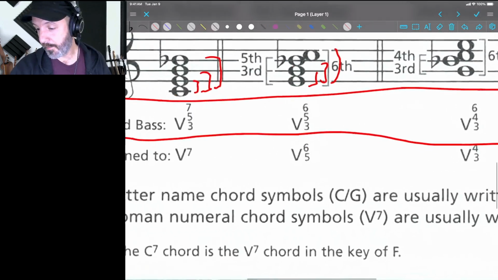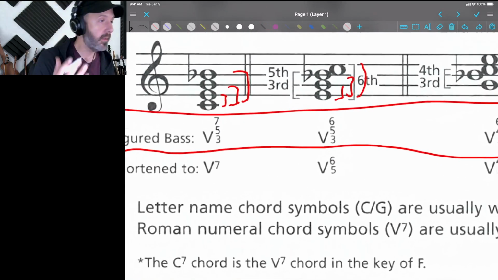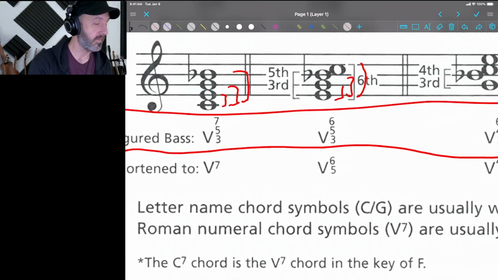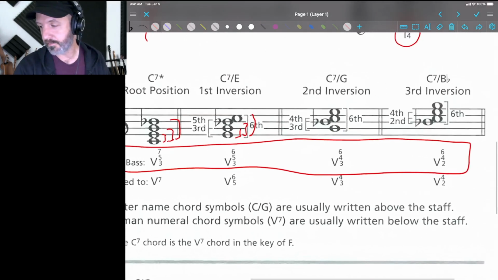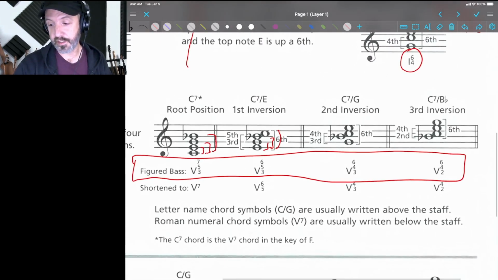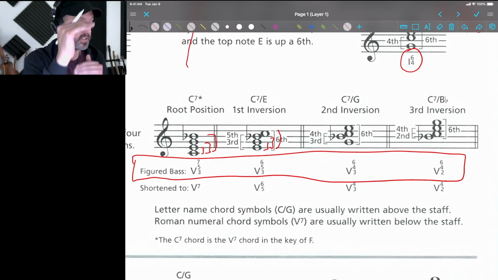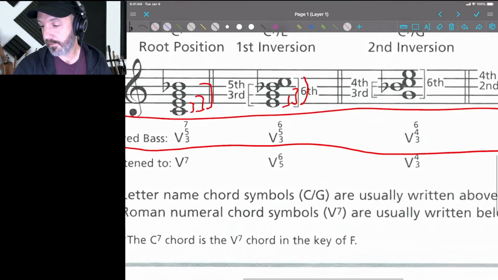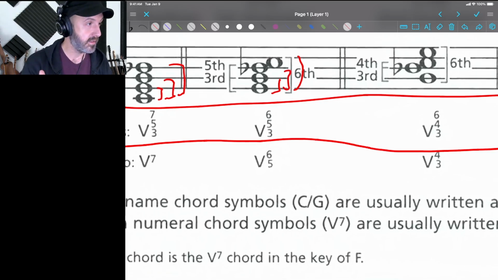But over time, they wanted to eliminate redundancies, because imagine having to handwrite all this stuff back in the day. It's like, God, man, we know it's a seventh. Of any of these inversions, the only one that has a seventh is a root position seventh chord. So without going too deep into it, they figured they could eliminate things to make the notation as efficient as possible.